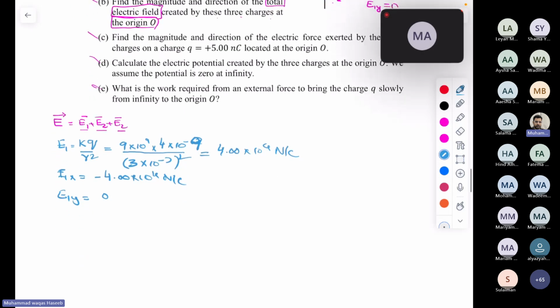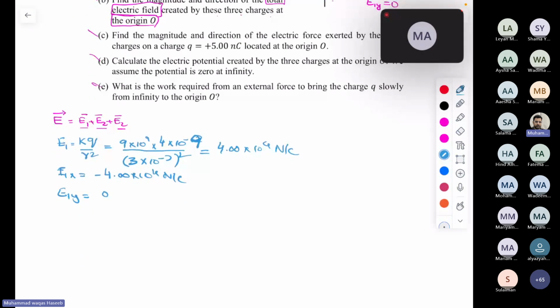Similarly, we can figure out the electric field of charge 2, which is kq over r2 squared. This is r1 squared. So kq over r2 squared is the same because they have the same charge.